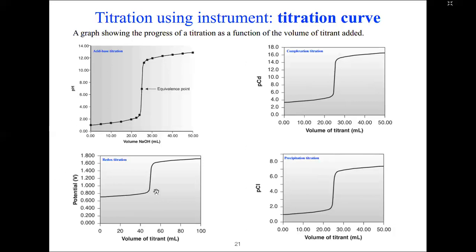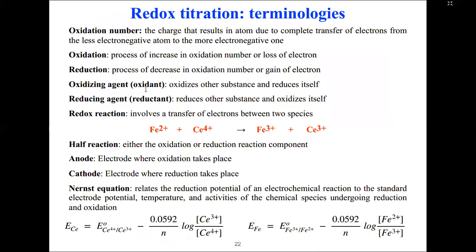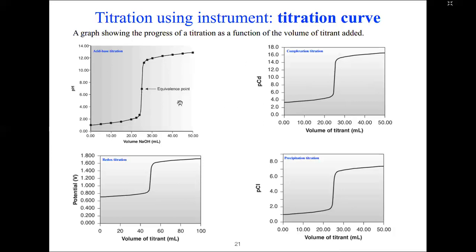Potential, because there are electrons involved. And on the x-axis, there is the volume of the titrant. It's like what we did in the acid-base titration. The same principle is implemented to get the equivalence point.